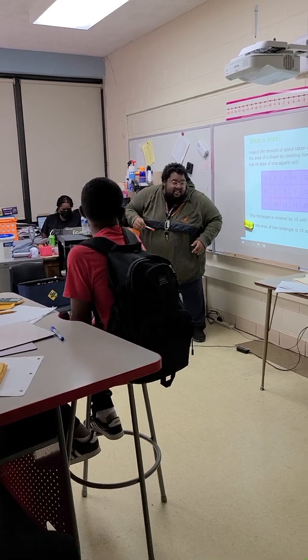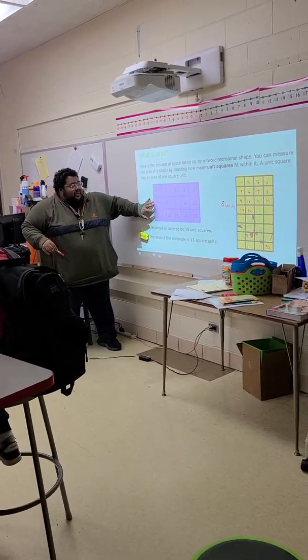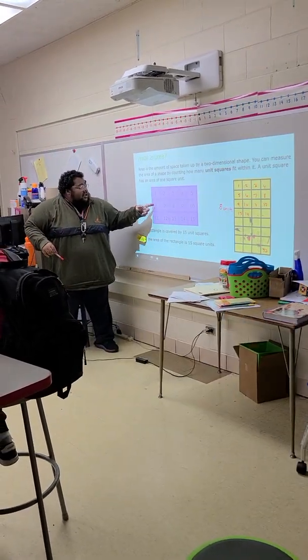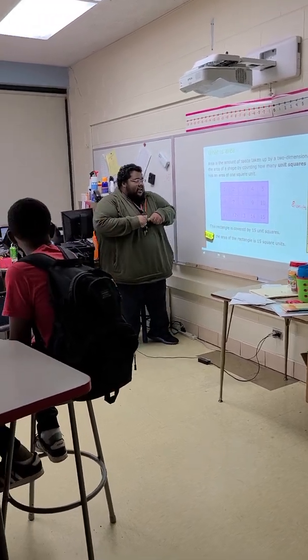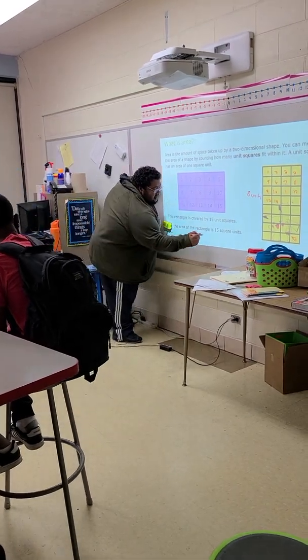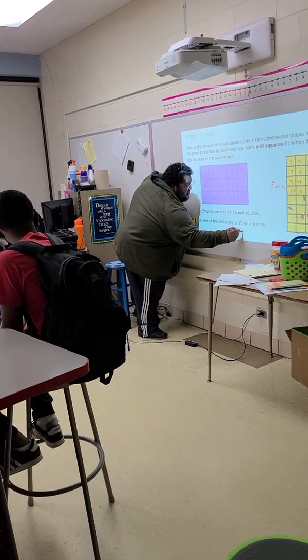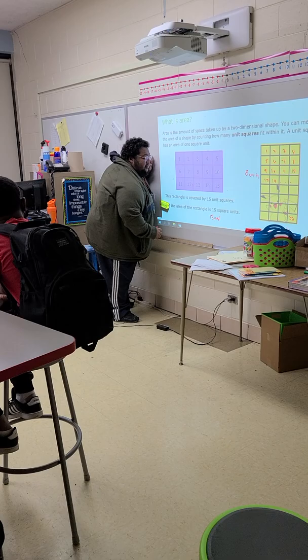So we have this square, for example. We set it up, divided up into unit squares, and we counted 1, 2, 3, 4, 5, 6, 7, 8, 9, 10, 11, 12, 13, 14, 15. So the area is 15 unit squares. The way you can write that is 15 units squared, with a little 2 right here.